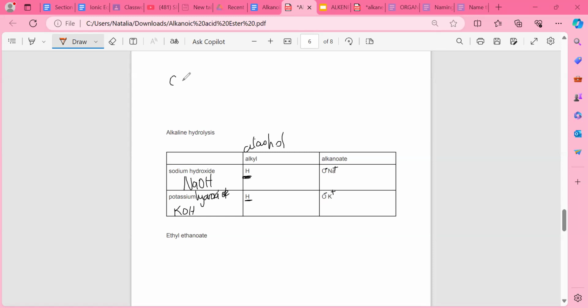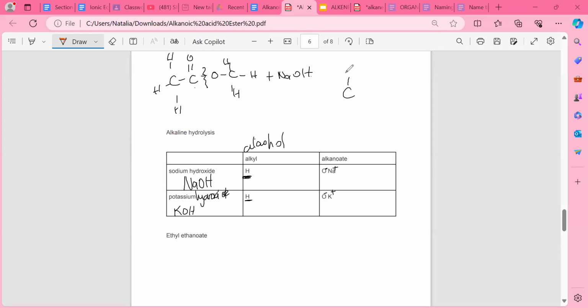So here is an ester. And I react my ester with my NaOH. When I break the molecule here, this part is the alkanoate part, or the part from the acid.